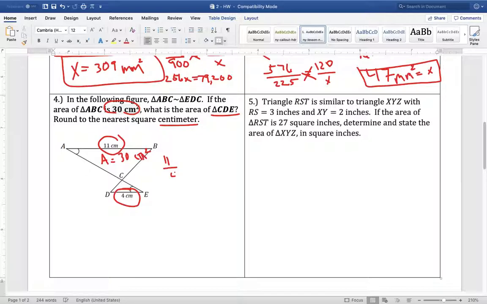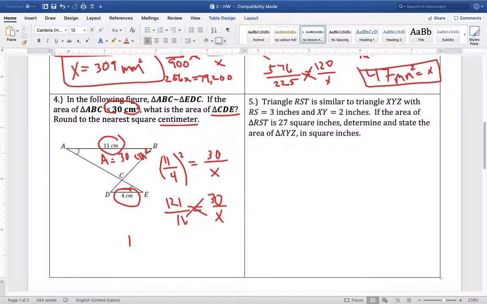We've got 11 over 4. We're going to square the ratio of these two sides and set it equal to 30 over x. We get 121 over 16 equals 30 over x. We cross multiply.